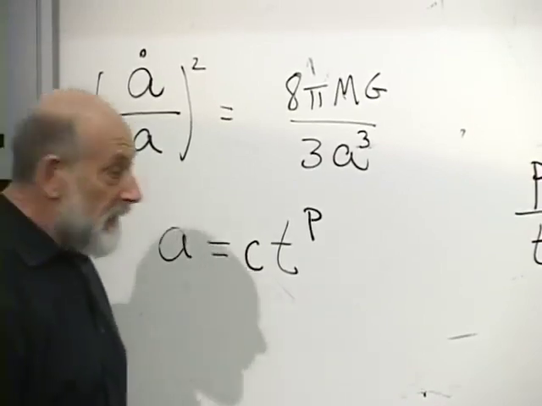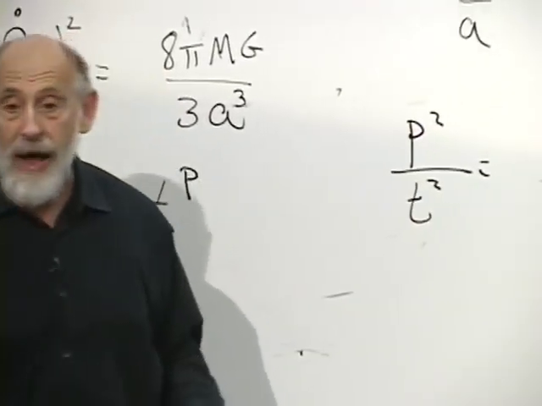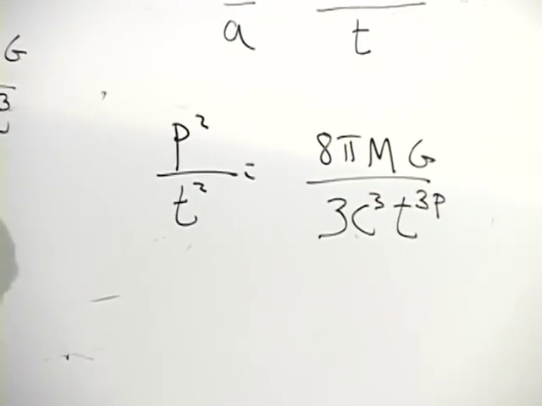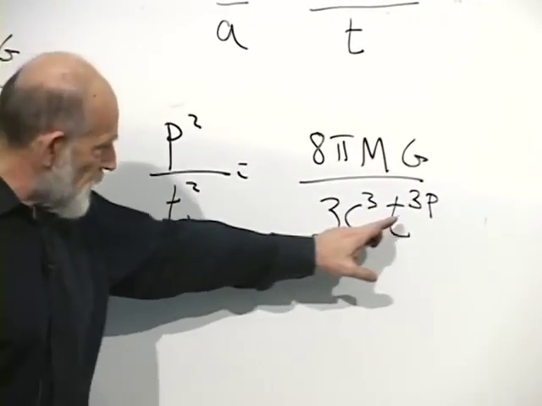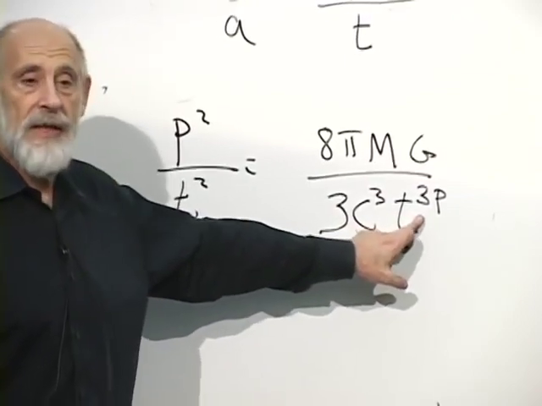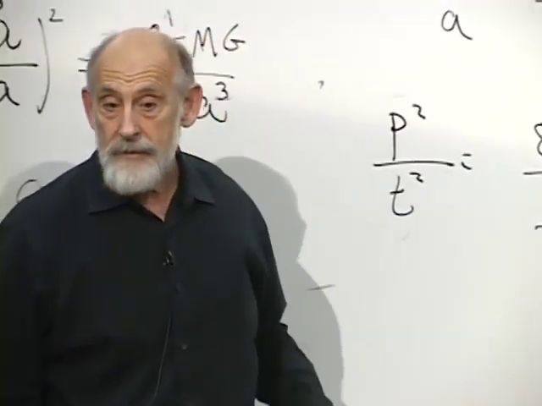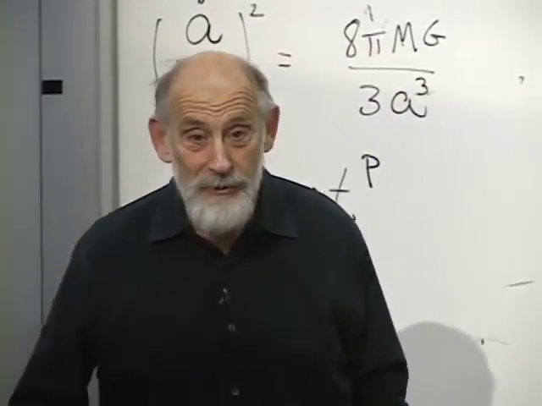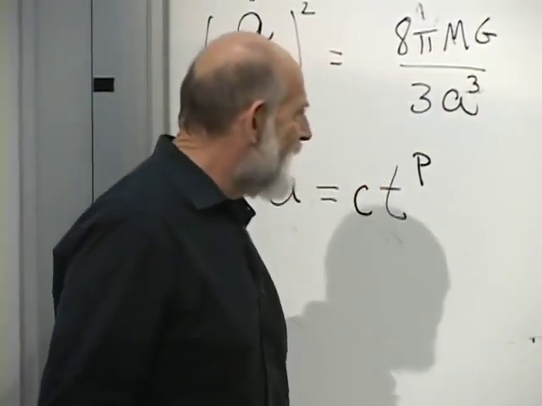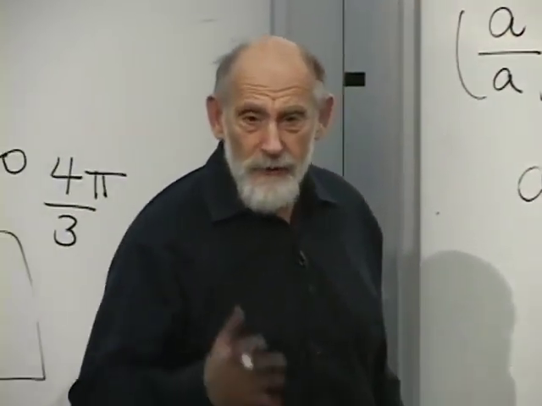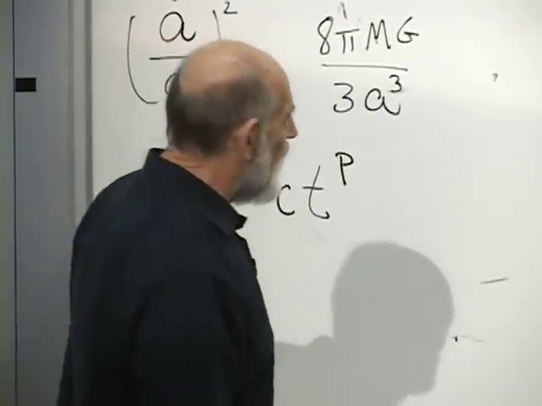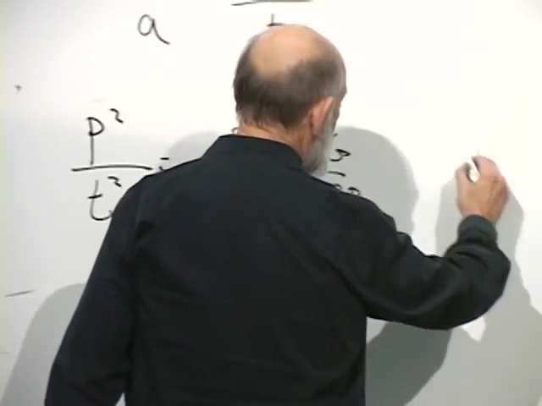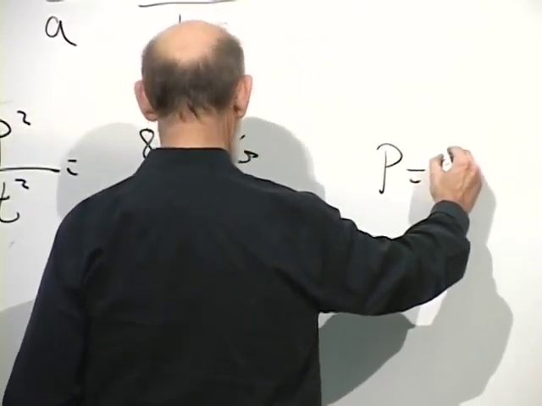First question, can the left-hand side and the right-hand side possibly be the same? How can it be that something which goes as 1 over T squared can also go on the right-hand side as 1 over T to the 3P? If P is 2/3. 2/3? Yeah. That's the only way. So the first thing we find out is that this equation can only be solved if P is equal to 2/3.